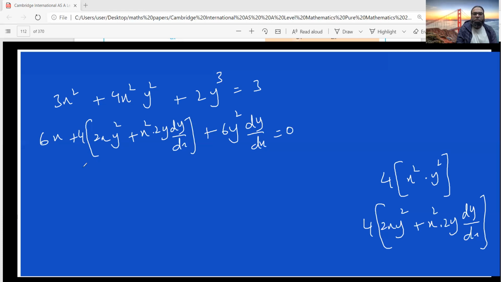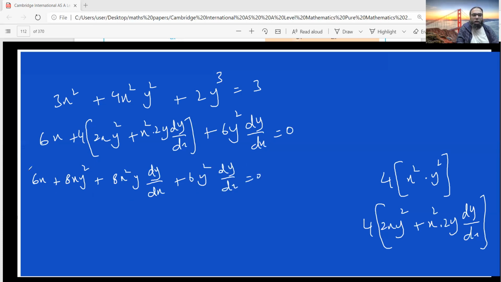Now, once you're done with this, your favorite algebra comes in action here. You have to simplify this, you have to take common, and then you have to find, suppose, the value of dy by dx. So this will be 6x plus 8xy squared plus 8x squared y dy by dx plus 6y squared dy by dx.